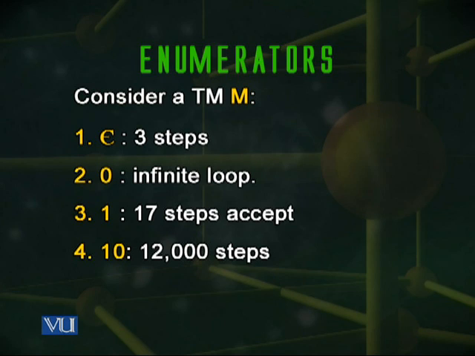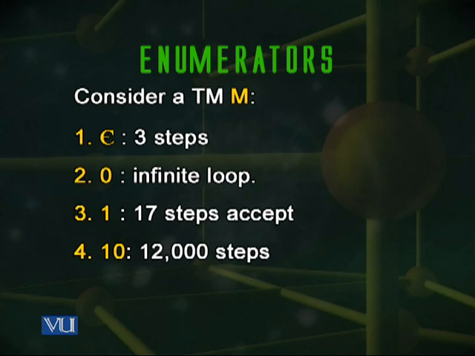In this case, if we use the technique of dovetailing, then the string epsilon will be outputted in the second phase of the algorithm. That's because in the second phase, the enumerator runs M on the strings epsilon and 0 for 2 steps. So epsilon would be accepted and outputted in this phase. The string 0 will never be outputted by this enumerator.